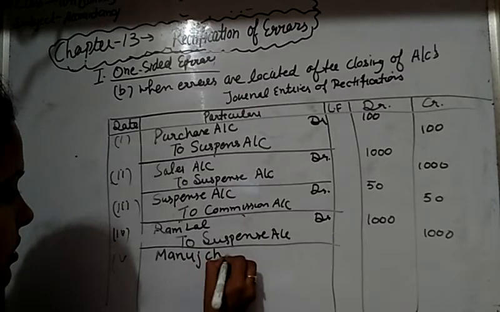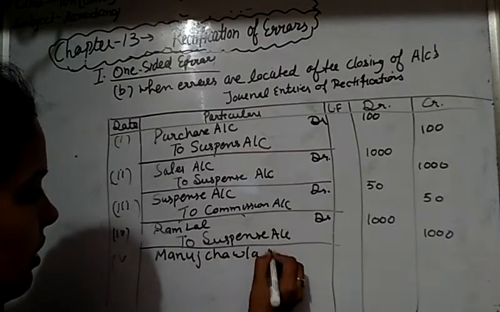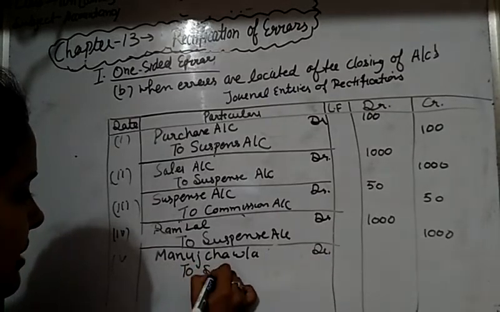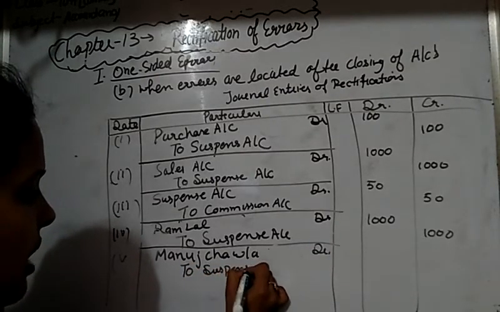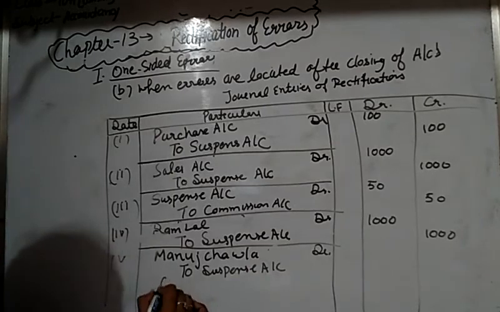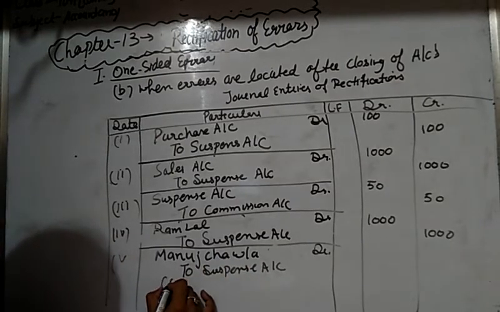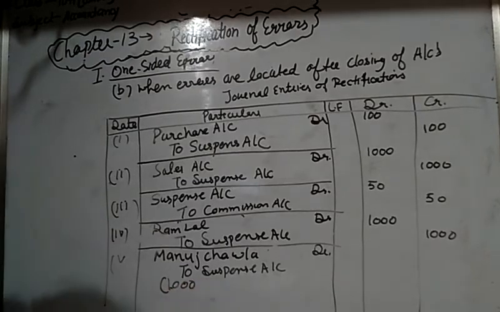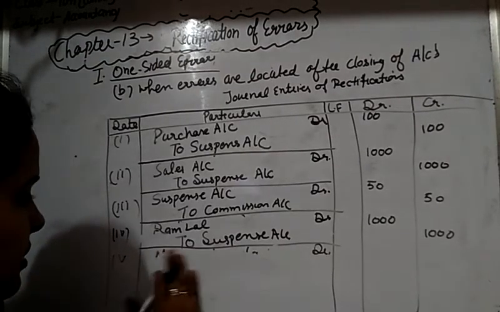Manoj Chawla debit to suspense account. Now Manoj Chawla account is debited with the double amount because previously his account was credited with 1,000. So its account is credited.